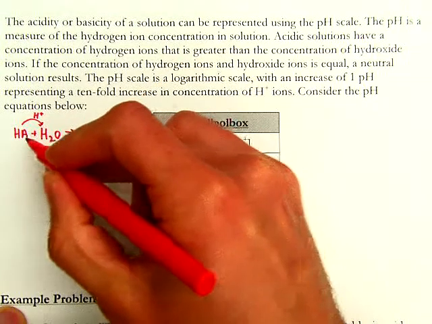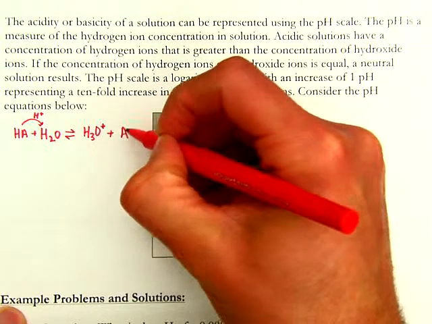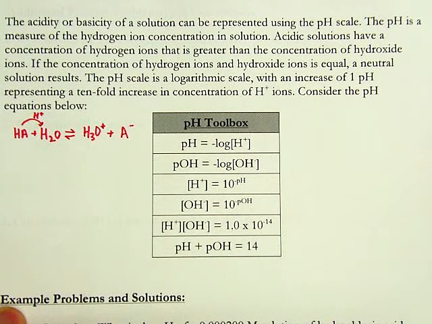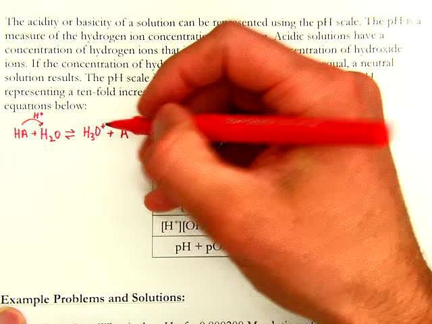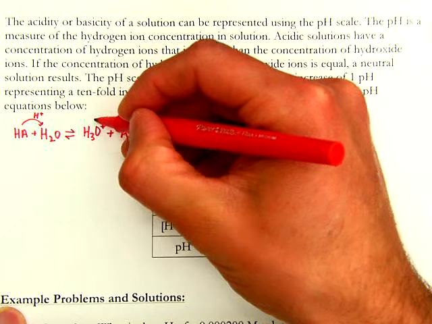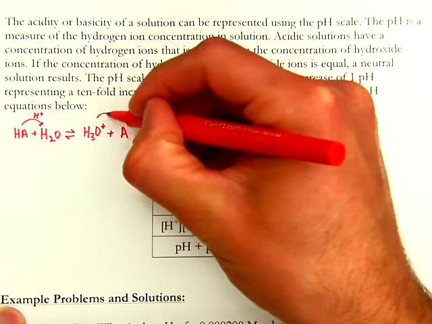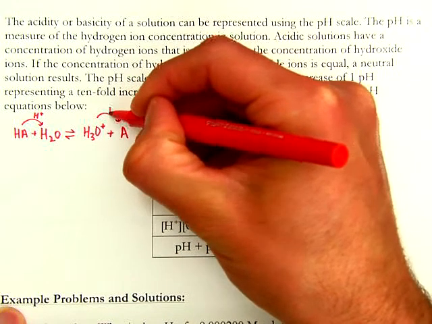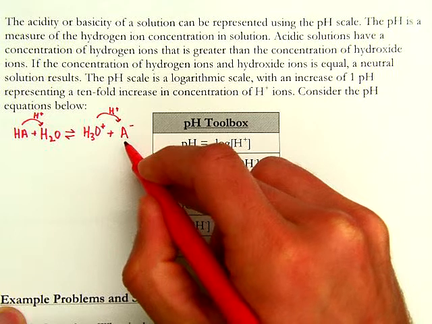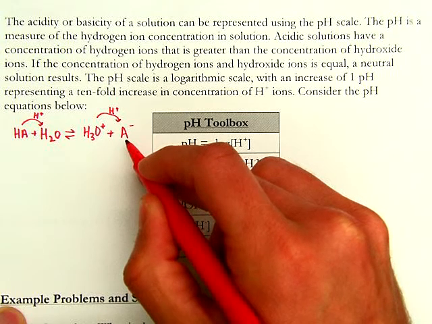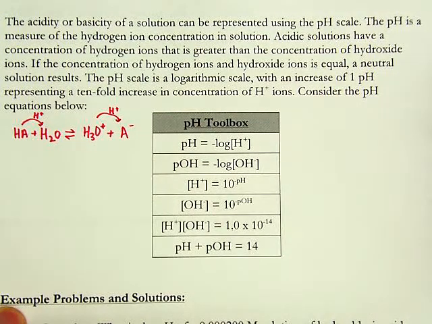And then you'll have the anion of the acid left over, and an equilibrium will be reached. Now, if we went in the reverse direction, then hydronium here would act as the acid, and it would be donating a hydrogen to this, which is our conjugate base. So this is actually what happens.